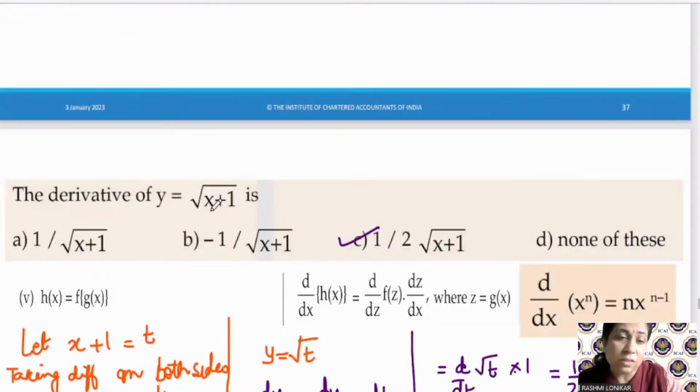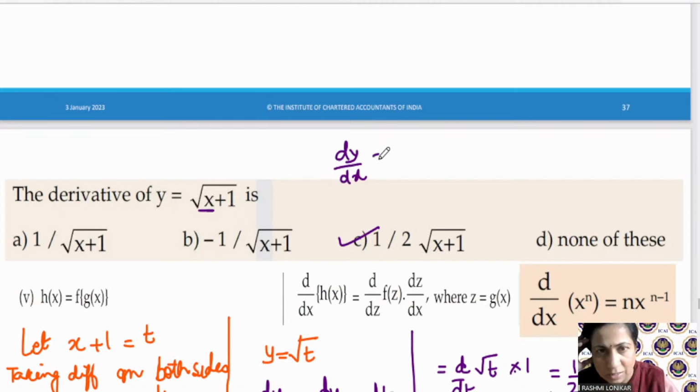In this case, you could have easily done it directly also. Why I'm showing you? Because here it is only x, so it was possible. Other than that, you have to take into account what is the coefficient of x. So, is it 5x minus 3x? That also has to be considered. Otherwise, this is directly dy by dx is equal to x plus 1 raised to 1 half minus 1, and what is n?